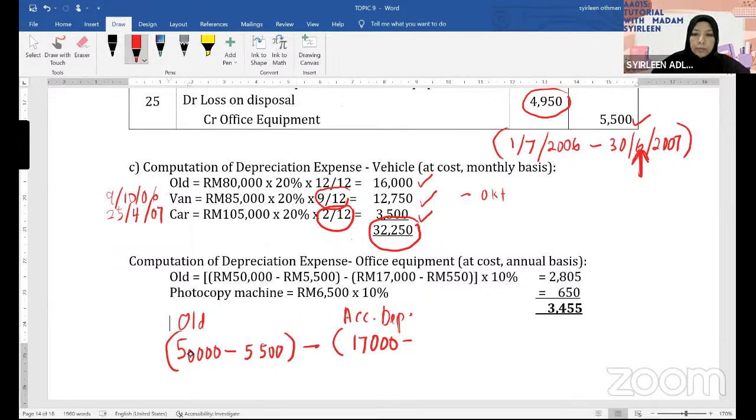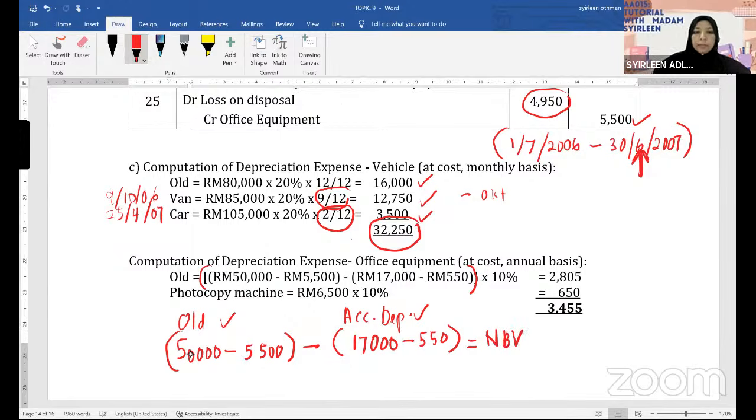So yang ni pun you kena tolak 550. Sebab tu you dapat ni. Ini saya kena update sebab saya nak dapat nilai aset terkini. Yang ni saya kena update sebab saya nak dapatkan nilai accumulated depreciation terkini. So once you dah update, then you boleh dapatkan dia punya net book value.